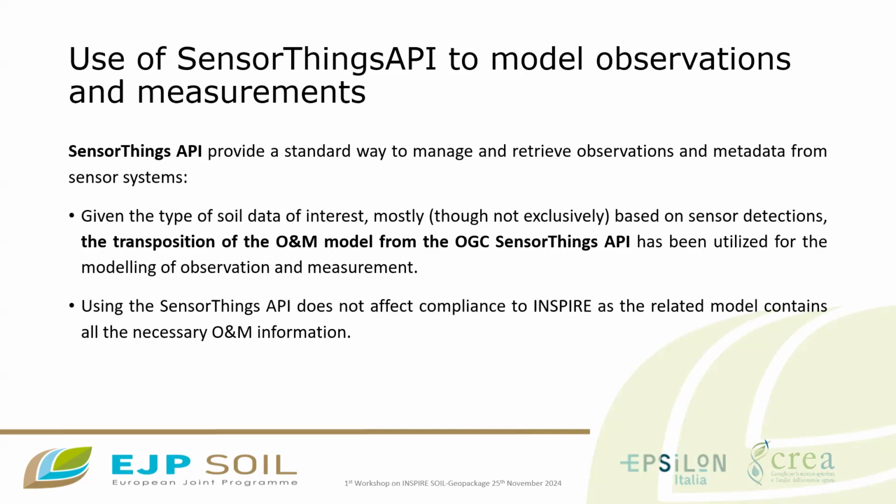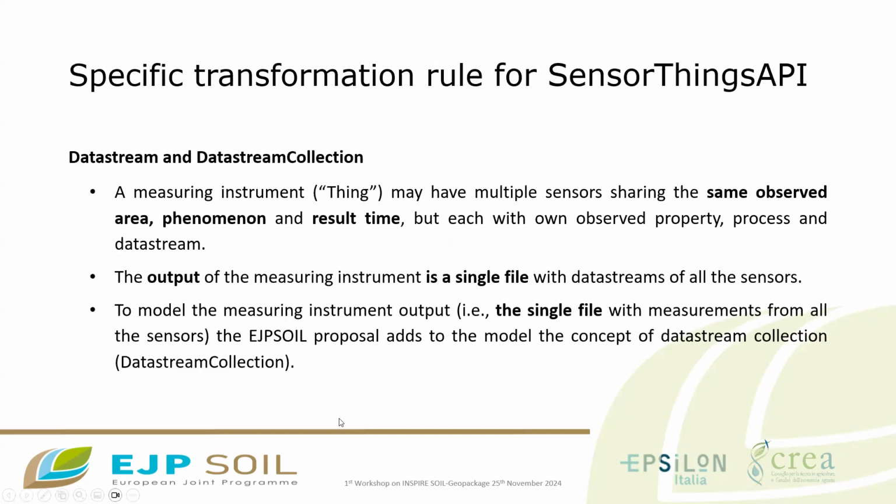You can always derive the INSPIRE needed information. And the EJP SOIL has also applied a specific transformation rule for the Sensor Things APIs.